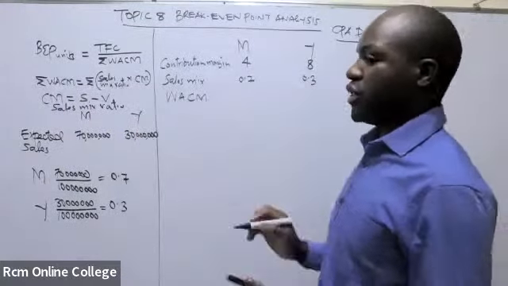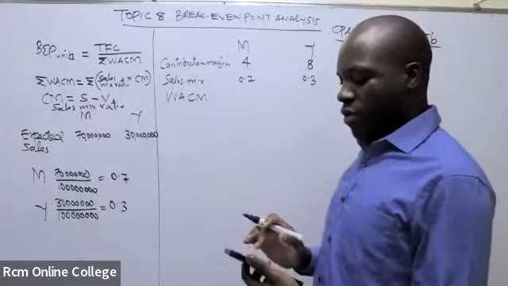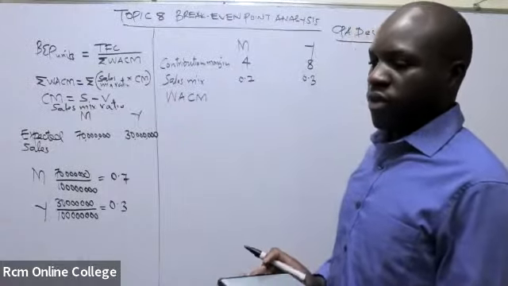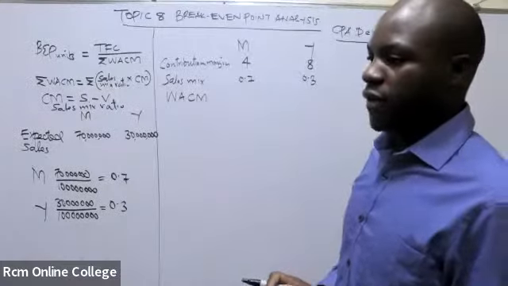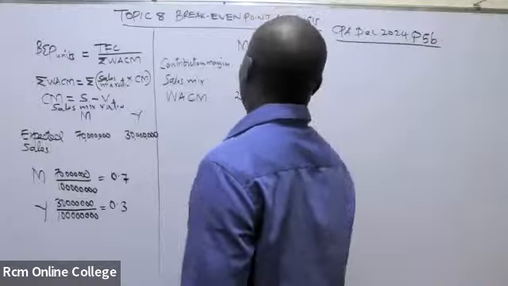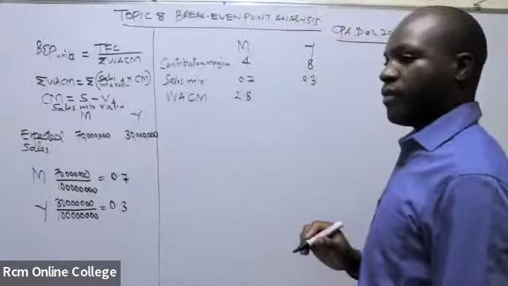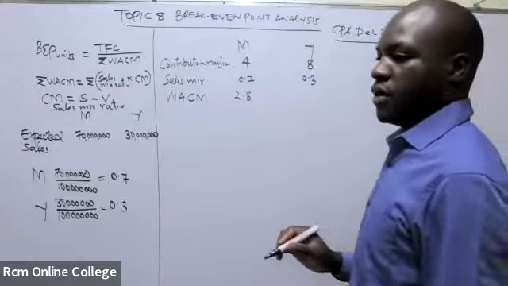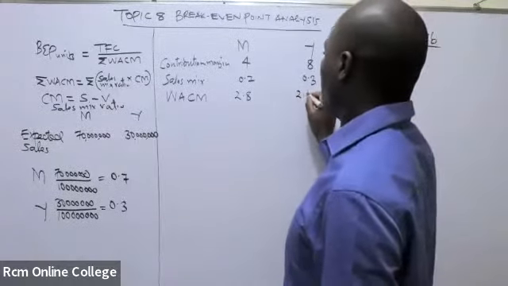So 4 multiplied by 0.7, you're getting 2.8. How about Y? 8 by 0.3. We are getting 2.4. Good.